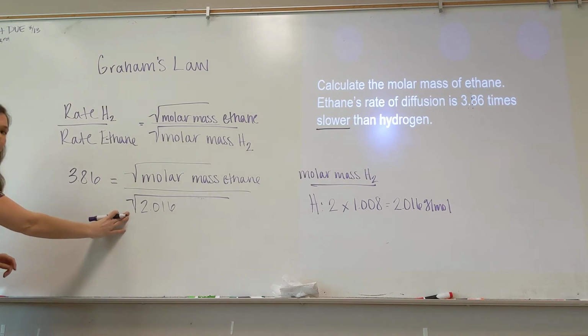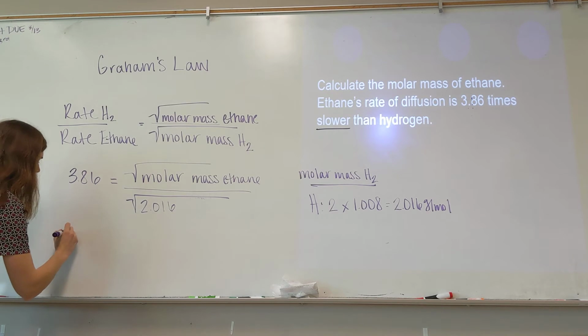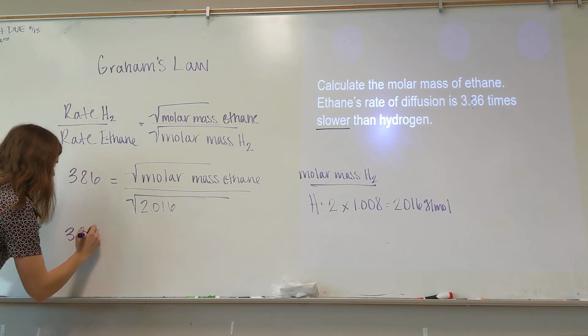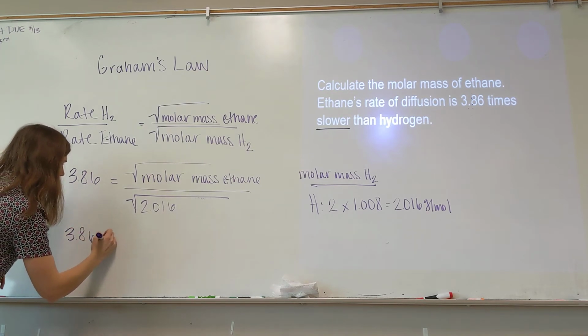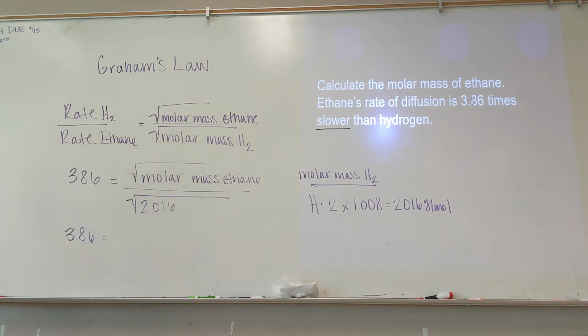And I'm going to go ahead and find that square root to make my math a little bit more simple. So the square root of 2.016 is 1.41.